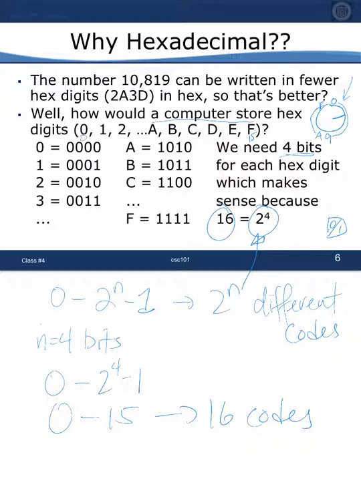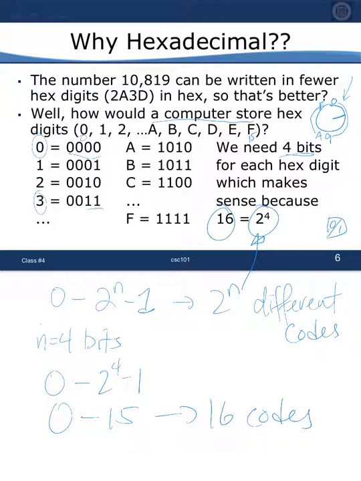Okay, so I say to myself, all right, I'm going to use 4 bits to store a hex digit, and I might just use the binary equivalents of the numbers, since that seemingly makes sense. So how do I code the hex digit 0? I use the binary version of 0, which is 4 zeros, and so on. How do I code the number 3? I convert that to binary, and I say, oh, that's a 1 in the 1's digit and a 1 in the 2's digit. That makes 3. And so on and so on.